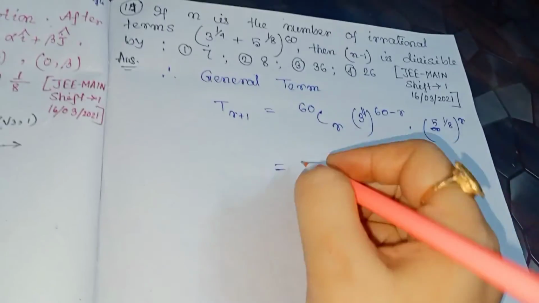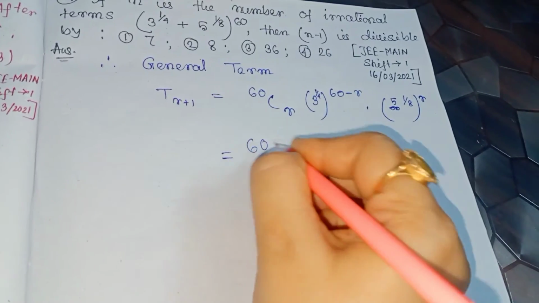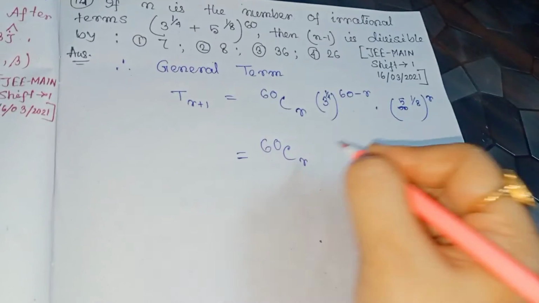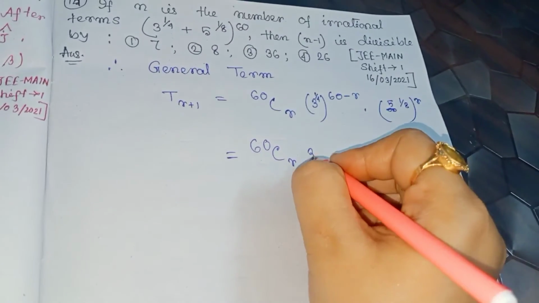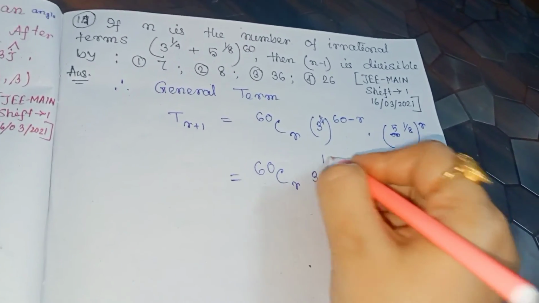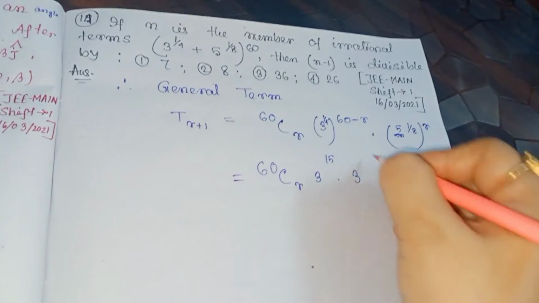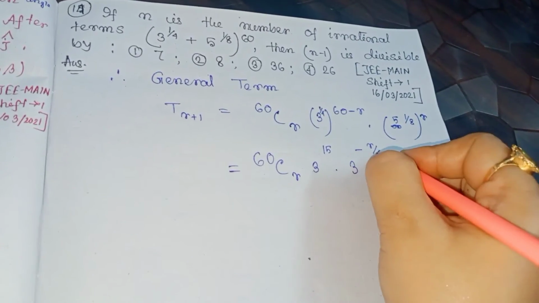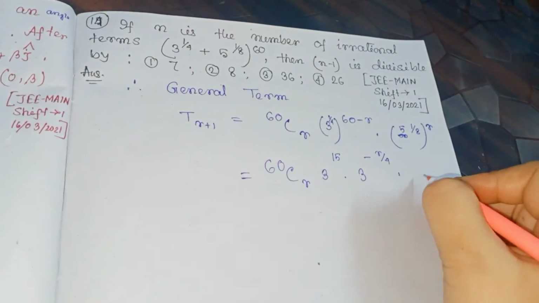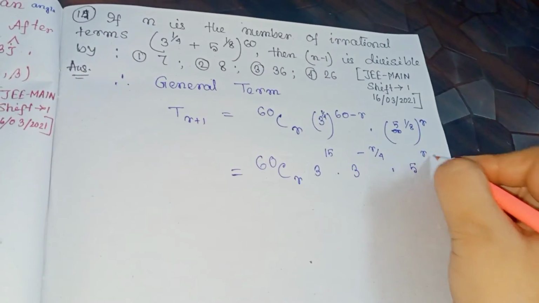So that is equal to 60 C r into 3 to the power 15 into 3 to the power minus r by 4 into 5 to the power r by 8.